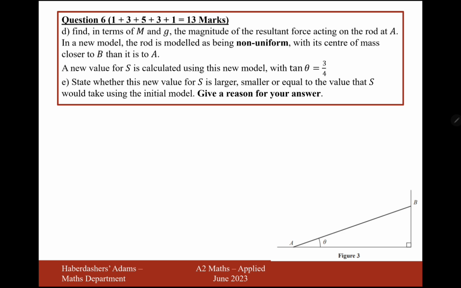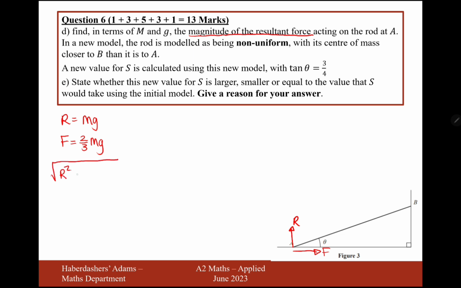Find, in terms of m and g, the magnitude of the resultant force acting on the rod at A. Okay, so we had the reaction force there and the friction force here. The reaction force was equal to mg from earlier, and the friction force is equal to mu R, so that would be 2/3 mg. Now the magnitude of the resultant force means to take both of those forces and do a bit of Pythagoras.